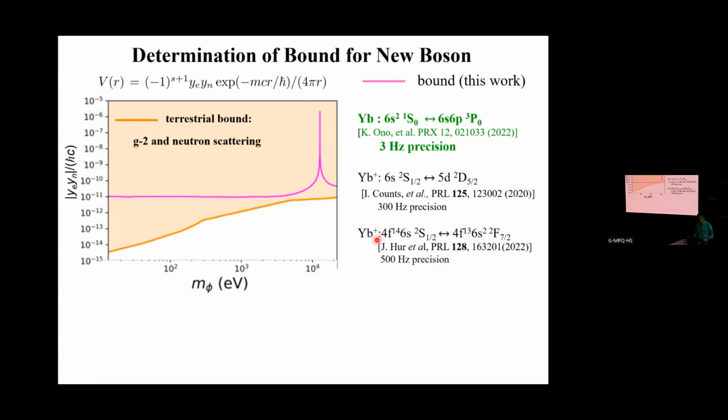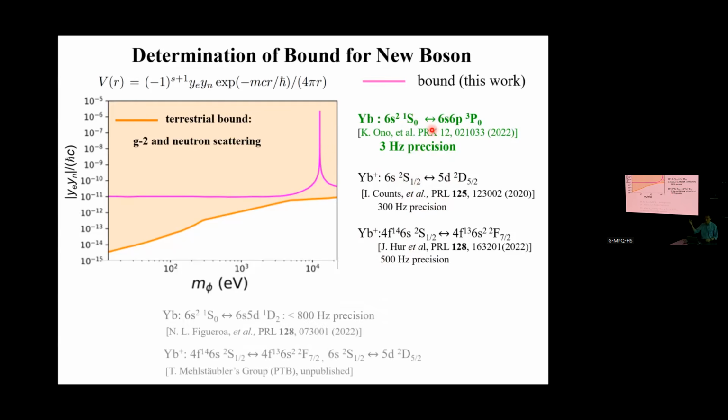Our bound is close to the terrestrial bound set by the electron g-2 and neutron scattering. It's nice, but we think that we can improve the limit by reducing the uncertainty for all of these 3 transitions, not only one.